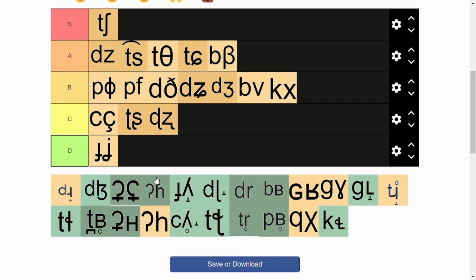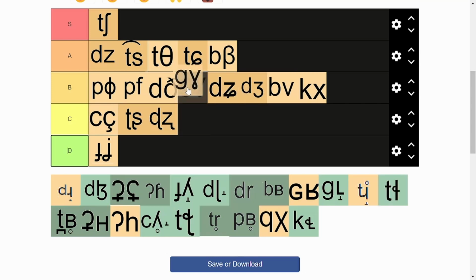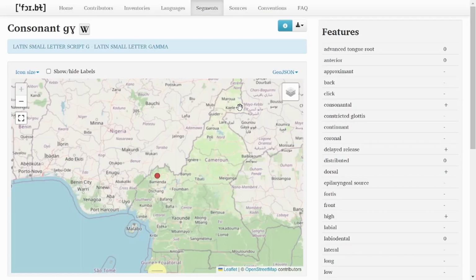I could see this being an allophone. It is probably an allophone in most languages where it occurs. I would put it between the previous one and ja. Ooh, you put it up there, spicy.